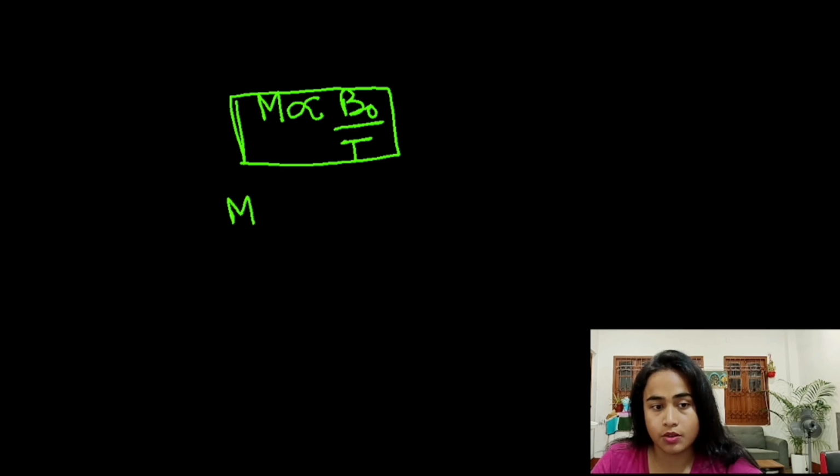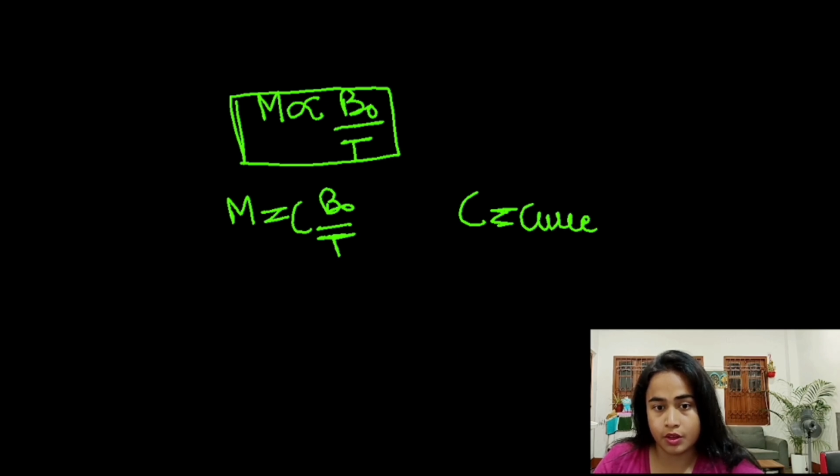So I can write this as M equals B naught upon T. I cannot just write an equal to sign after replacing the proportional sign; I should introduce a constant. This constant is your C, capital C, which is nothing but the Curie constant.